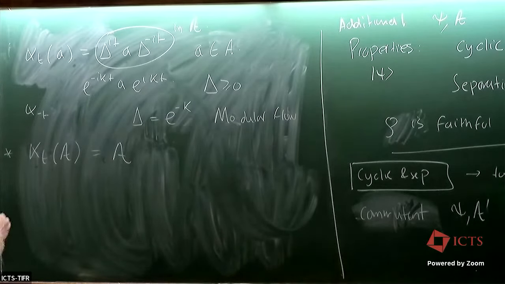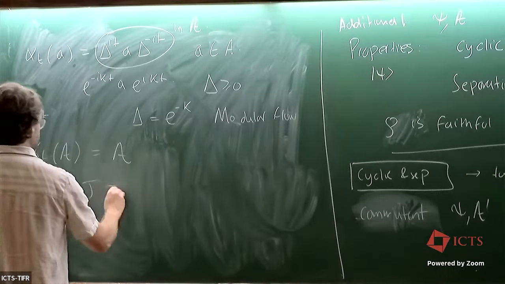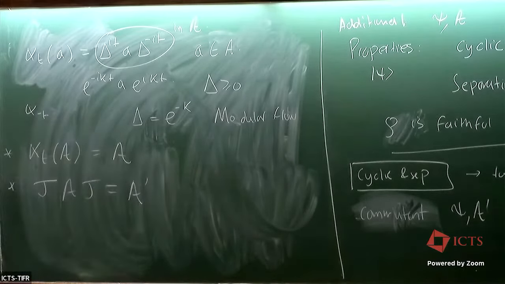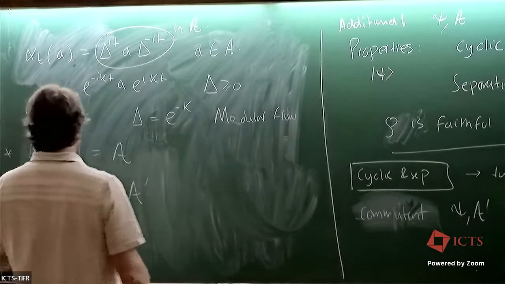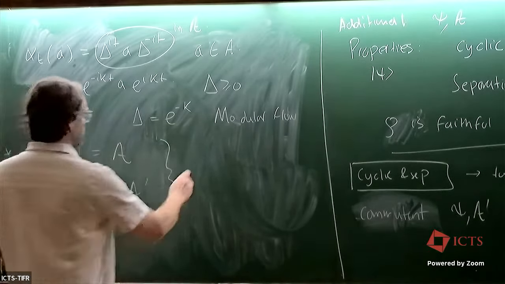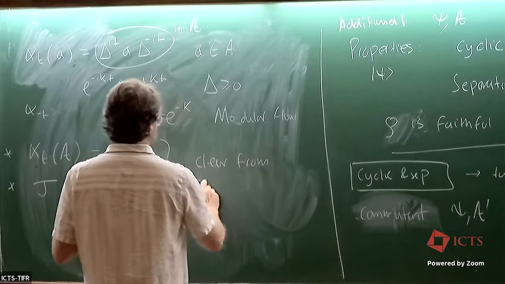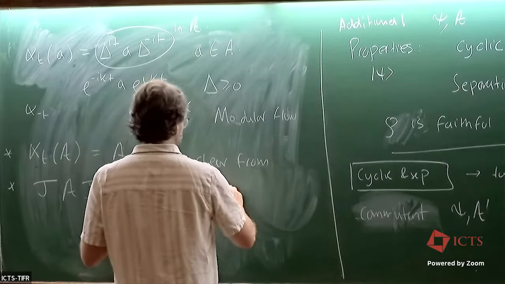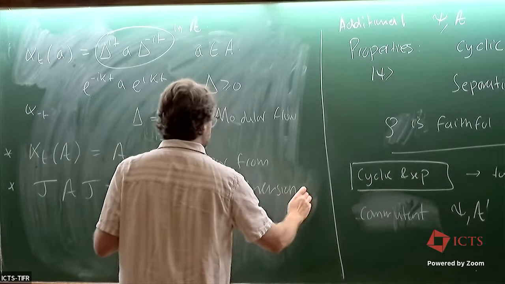And then the other consequence is that if I take J instead and conjugate by J, I get the commutant. Okay, and it's unitary, so I get everything. These things are non-trivial, but they're totally clear from finite dimensions, and we actually went through them. It's sort of just obvious in finite dimensions that this works.